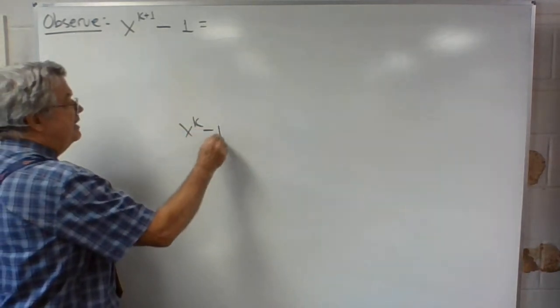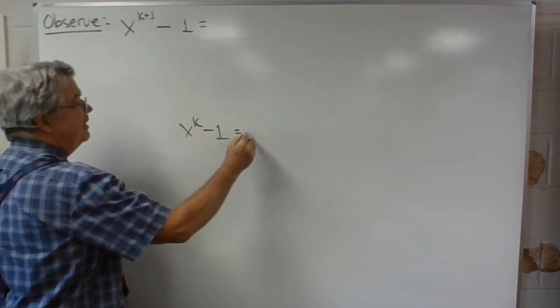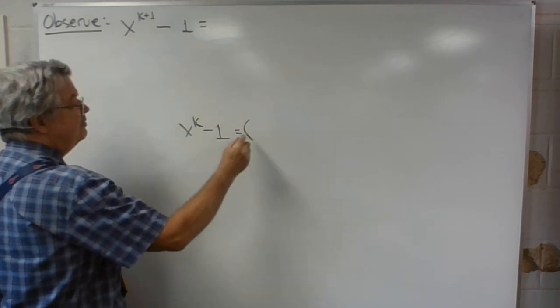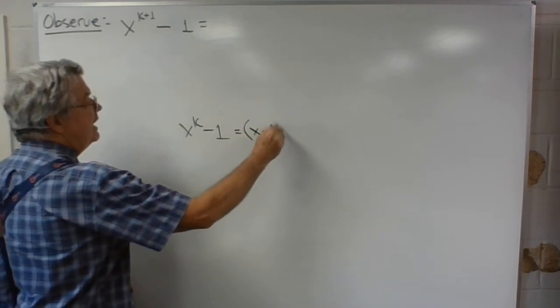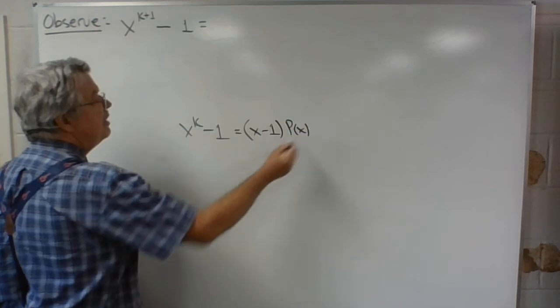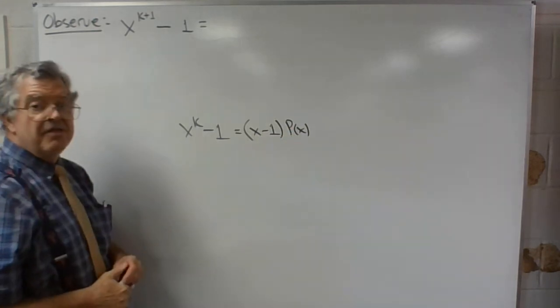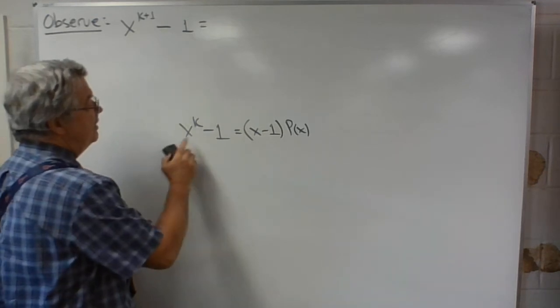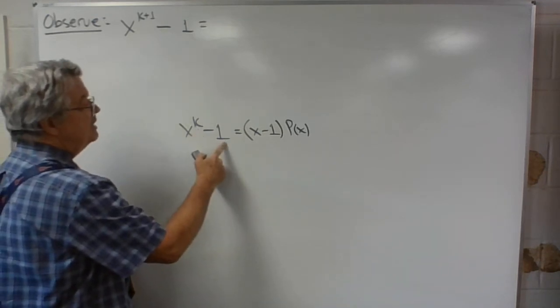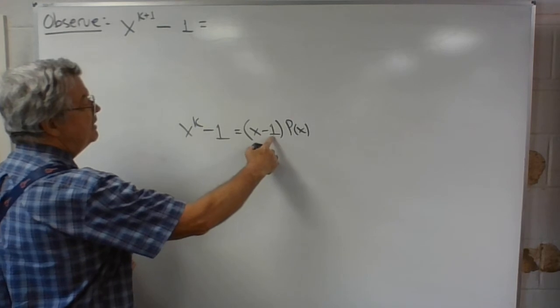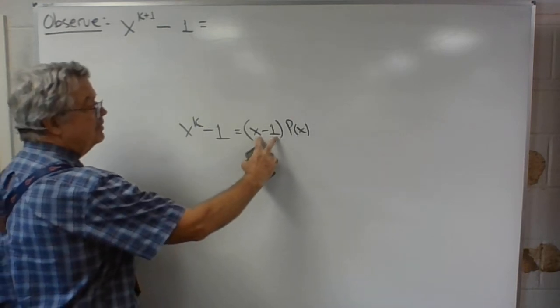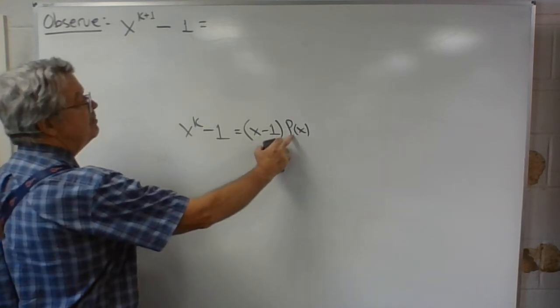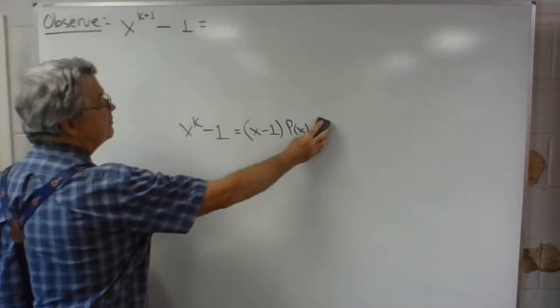I know by my induction hypothesis that x^k - 1 is equal to (x - 1) times some polynomial in x. That's my induction hypothesis, that x^k - 1 has x - 1 as a factor. It's equal to (x - 1) times some polynomial in terms of x.